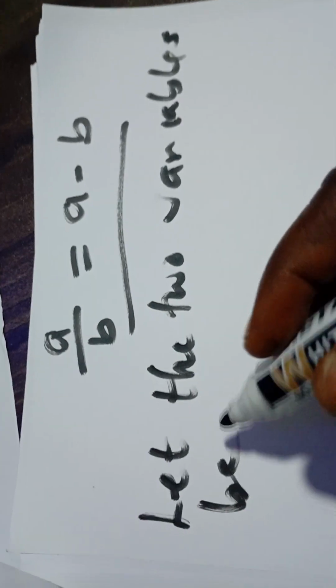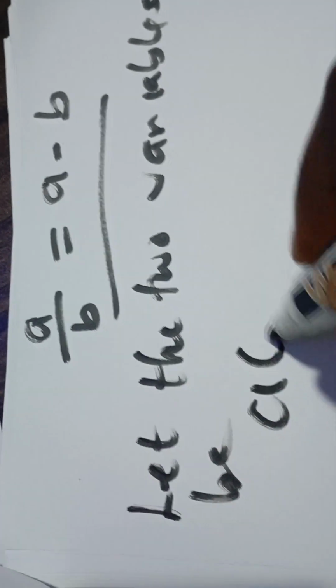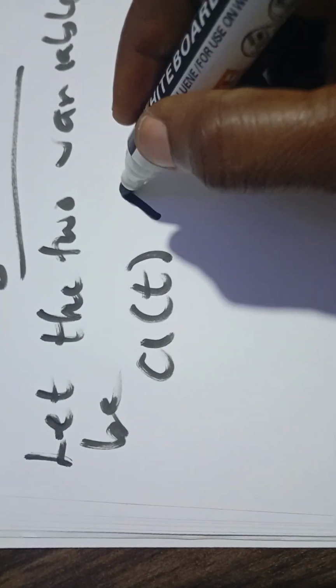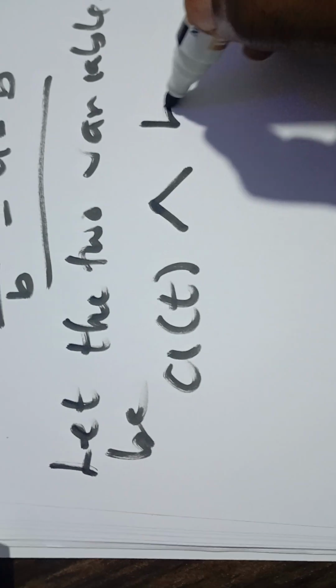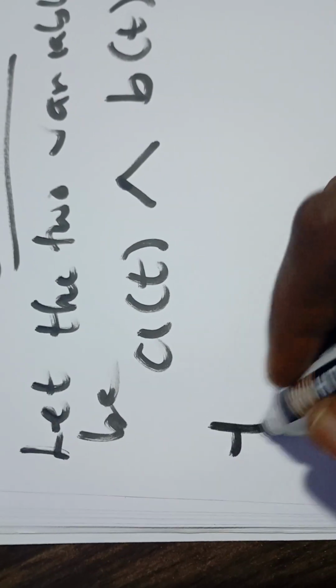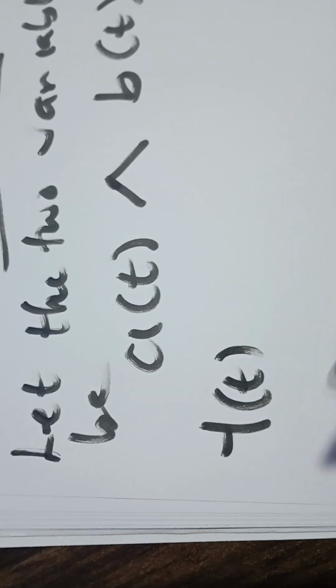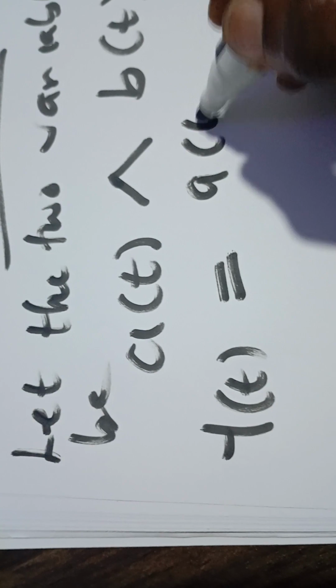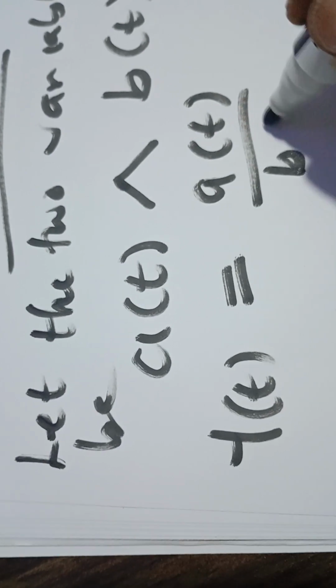Let the two variables be a, which is also defined at time t, and the second variable, please, is b. So we are told that the function y is given as a quotient of a over b.